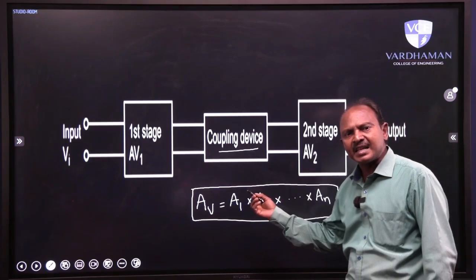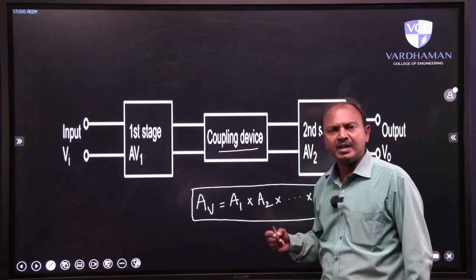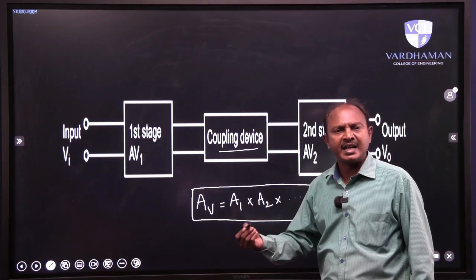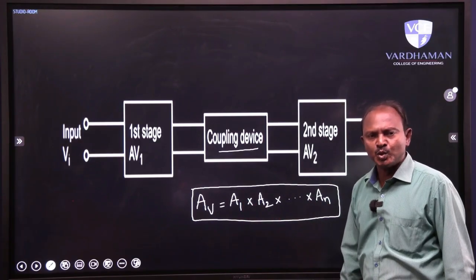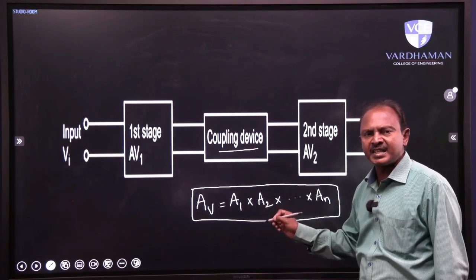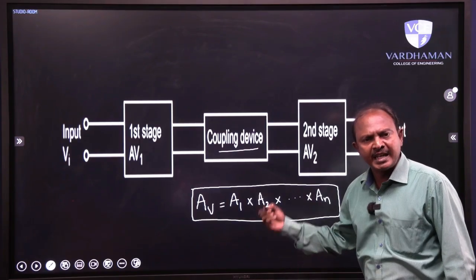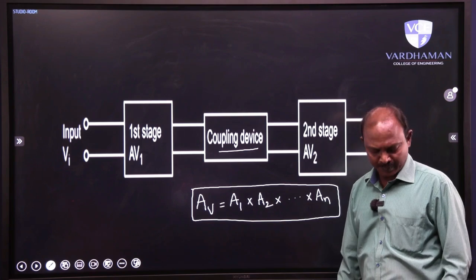The coupling device can be as simple as a connecting wire, or maybe a capacitor, or an inductor, or a transformer. So it depends upon the type of coupling element used between different stages of amplifiers. Basically, there are 4 coupling schemes proposed by the designers.